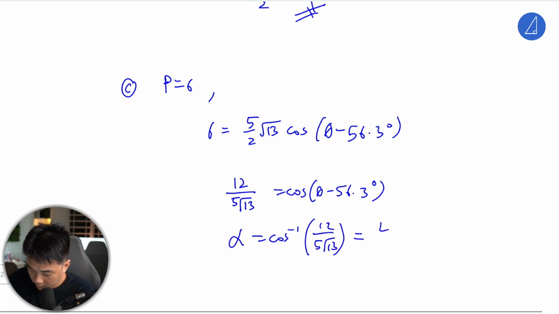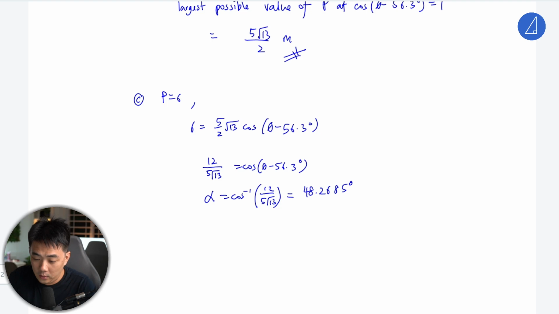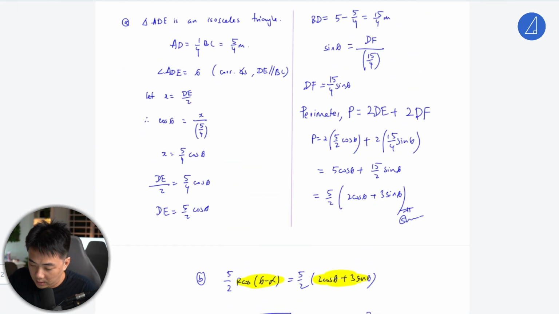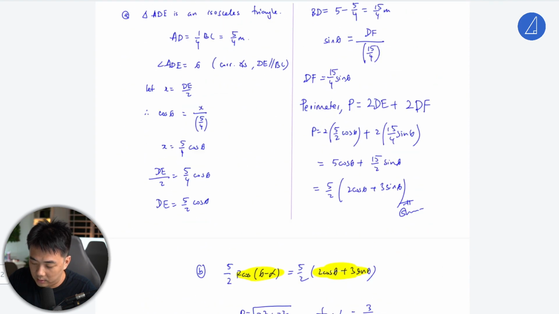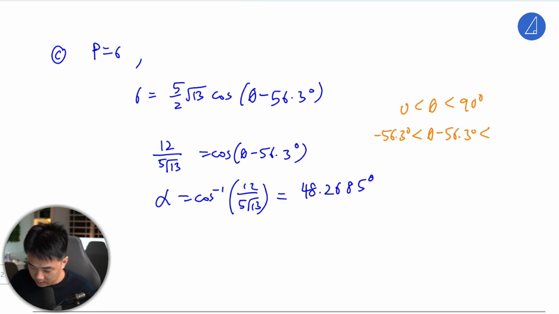That will be 48.2685 degrees. Take note of the range. So we are given that theta is 0 to 90, right? There you go. Theta is 0 to 90. Acute. So minus of 56.3 degrees. Just need to find the angle which satisfies within this range here. It's 33.7 degrees. Okay.